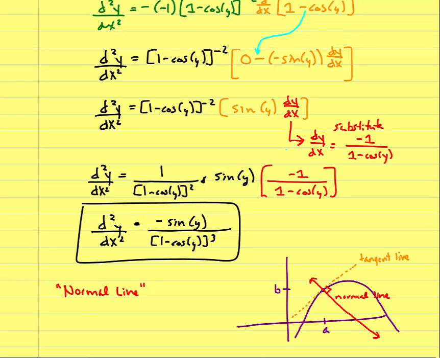So let's go ahead and write that down. It'll be an important thing to know. So we could say here a tangent line and its normal line have negative reciprocal slopes.